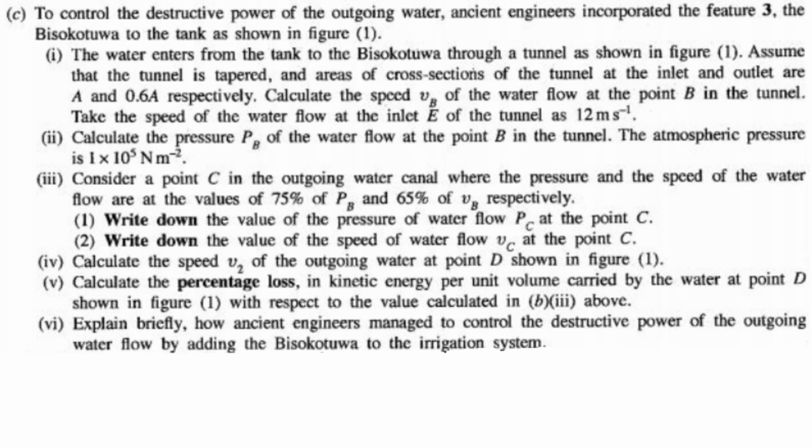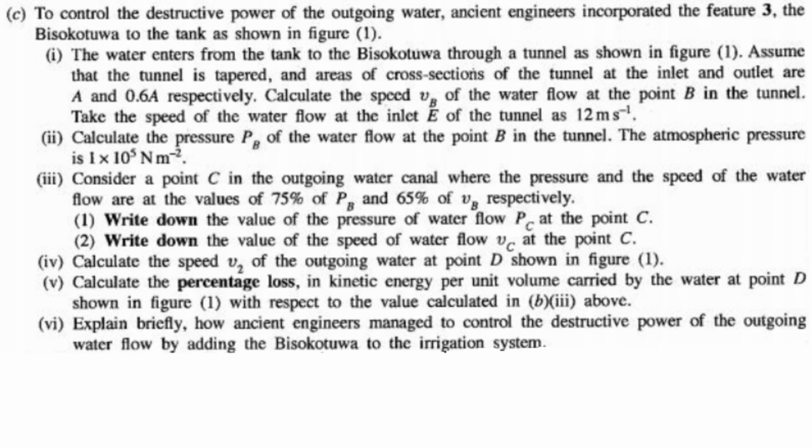Again part C. To control the destructive power of the outgoing water, ancient engineers incorporated feature 3, the Pesuru tool, to the tank as shown in figure 1. Part 1. The water enters from the tank to the Pesuru through the tunnel as shown in figure 1.